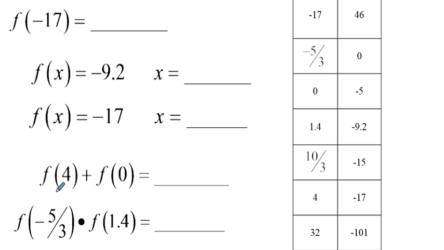So let's just jot that down here. f of 4 is equal to negative 17. Then I have to evaluate this one. f of 0, well, that's equal to negative 5. Well, what am I supposed to do with these two evaluations? We're supposed to add them together. Well, negative 17 and negative 5 gives me a total of negative 22.